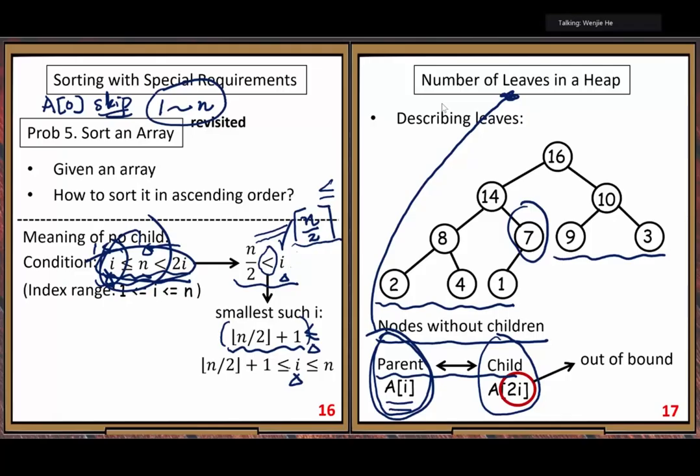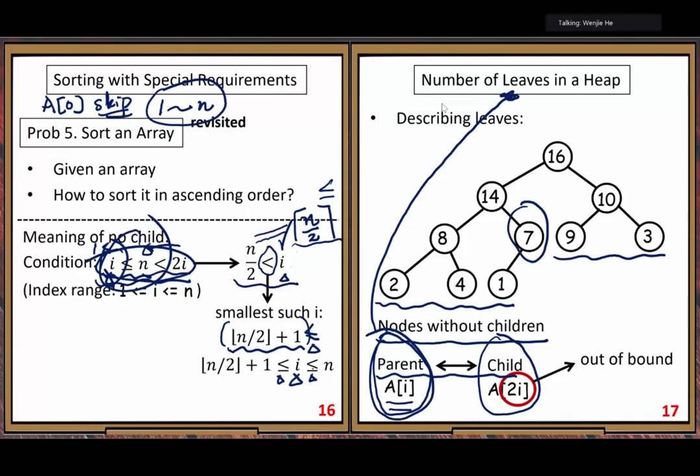With these two bounds containing equal signs, including those two bound numbers, when we do the counting, it matters. Equal sign or not, the counting number will be different.